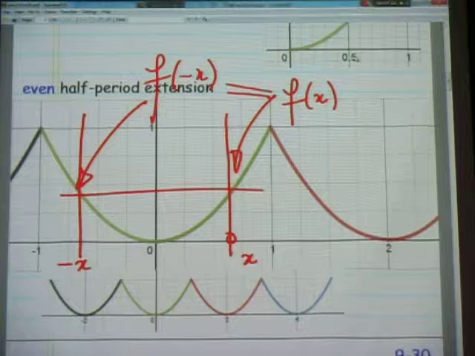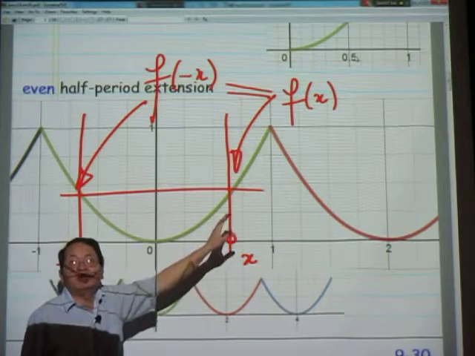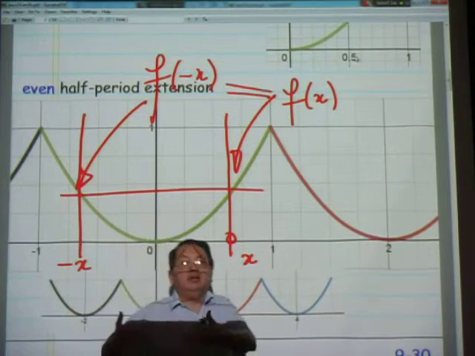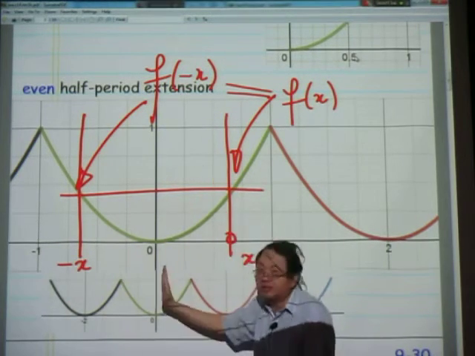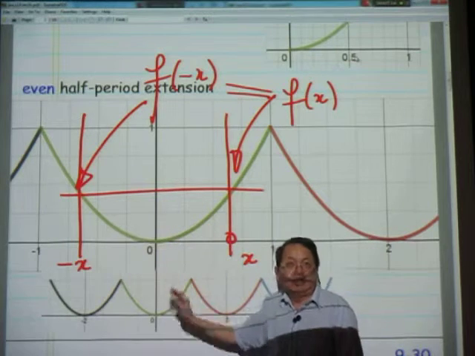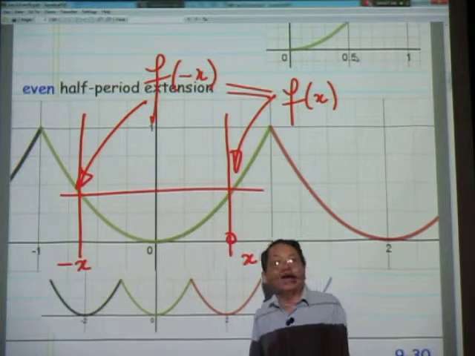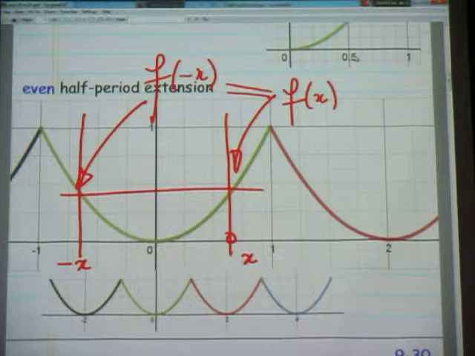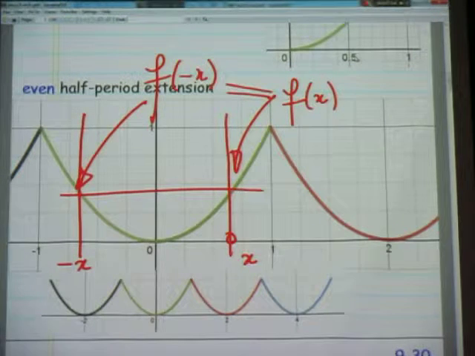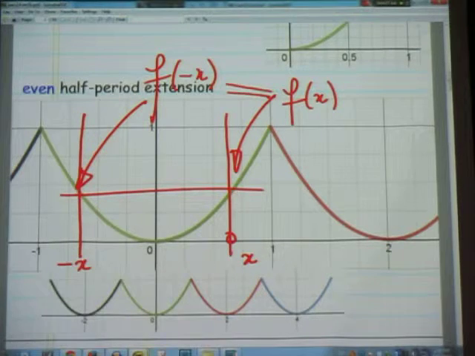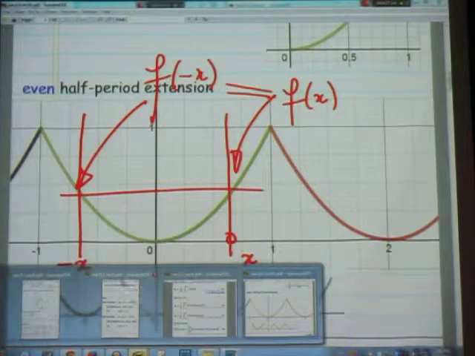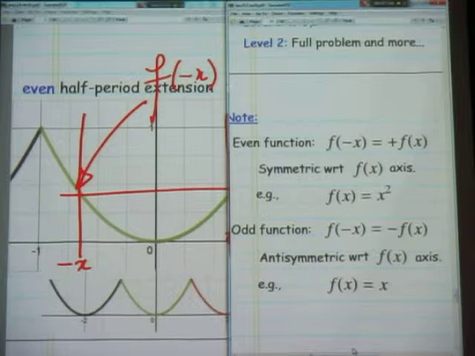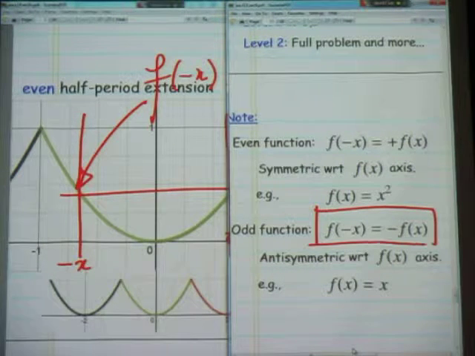If the two values are equal, then you say that this is an even function. And geometrically, an even function is symmetric with respect to the vertical axis, the y-axis. So that's the definition of an even function. And for the odd function, this is the mathematical definition. It's basically anti-symmetric.